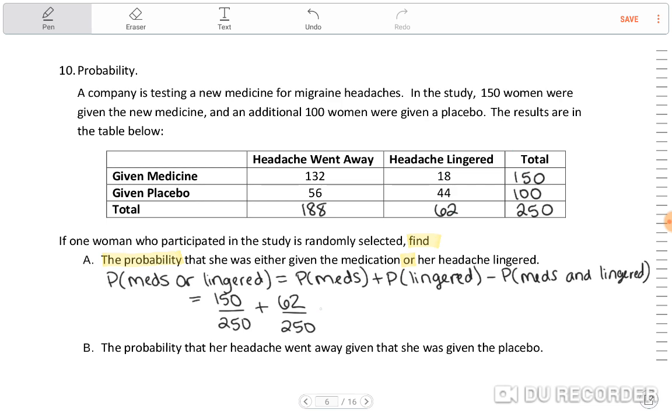So that's why we have to subtract off the 18 out of 250. Okay. And when we do that, we get 194 out of 250, which as a decimal equals 0.776. Okay, so make sure you know how to read these tables.